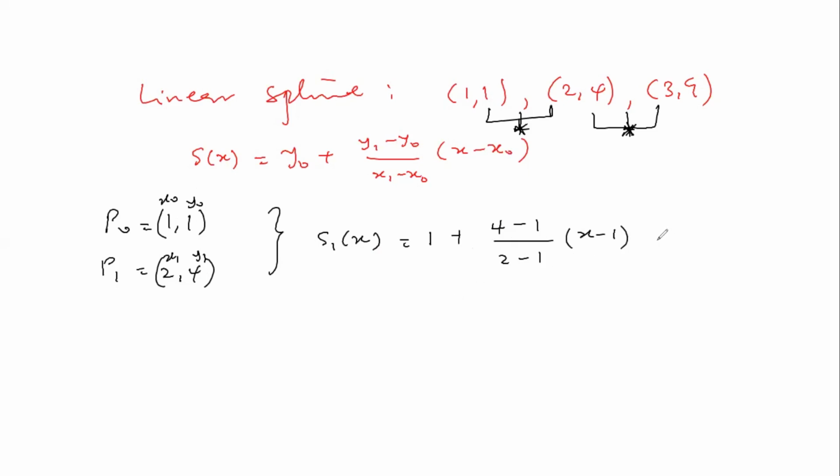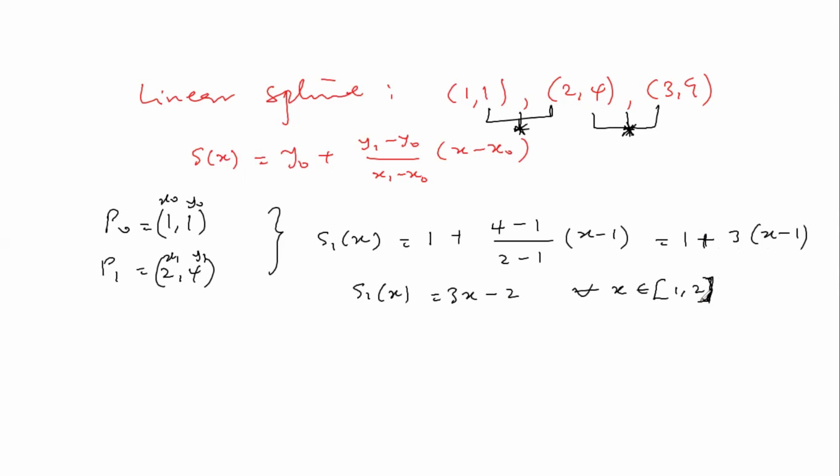So this is going to give us 1 plus 3 over 1, that'll be 3, into bracket x minus 1, okay? And once we open this up, that'll be 3x minus 2, right? Because this is minus 3 plus 1, that'll be minus 2. So S1(x) will be the same as 3x minus 2. And now this is for all values of x being an element of these points, where x is between 1 and 2, right?